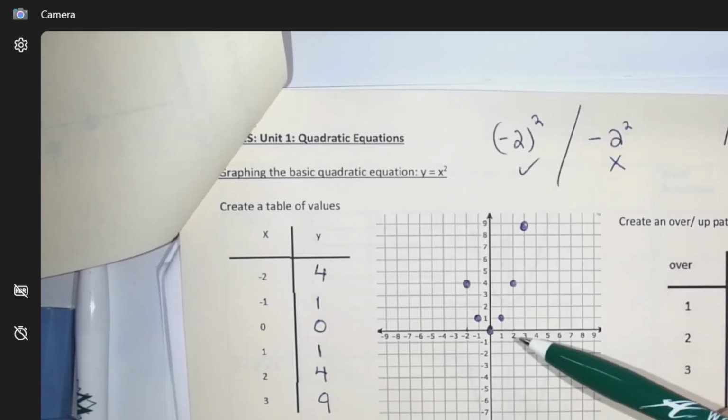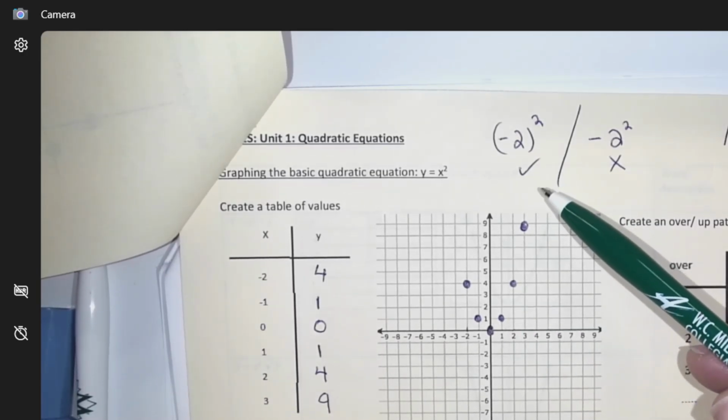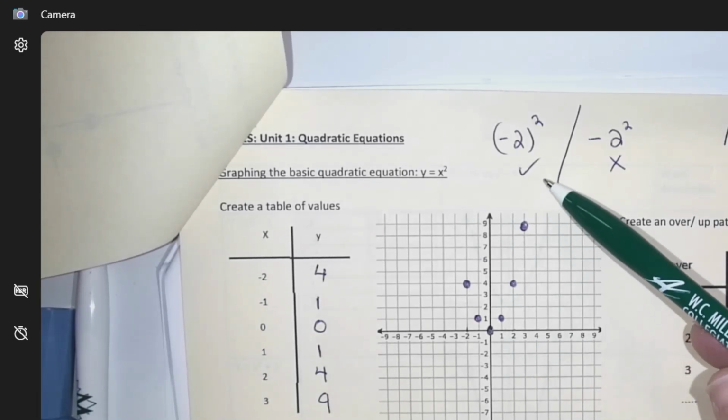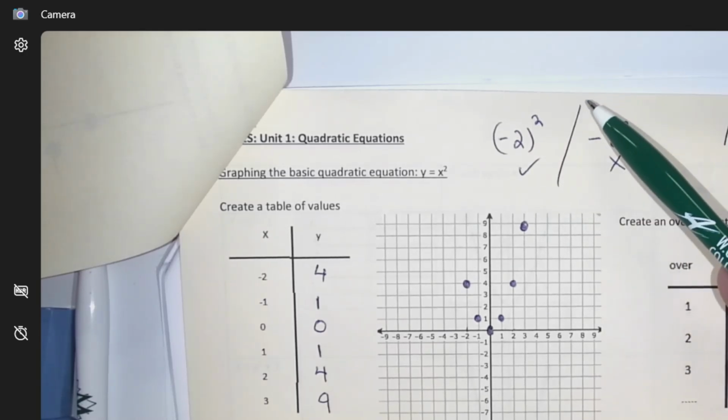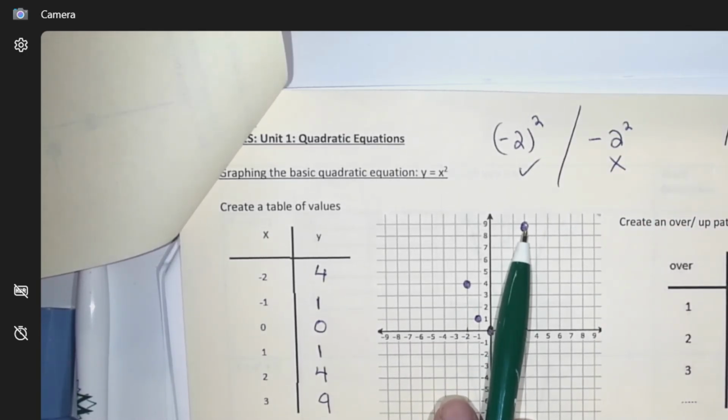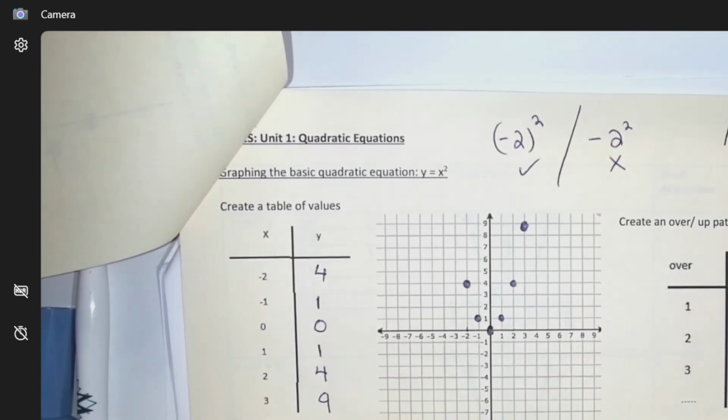Can anybody predict the next coordinate if I kept moving? 4, 16. Then the next one would be 5, 25. Can we also make this partner? What's its little partner? So this one has a partner, this one has a partner.